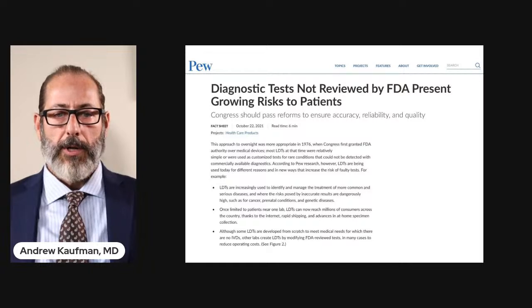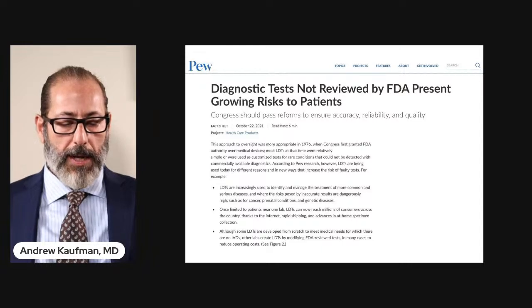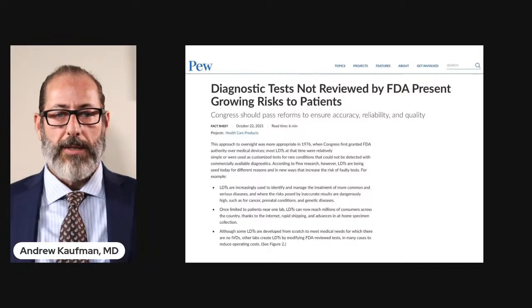So lab determined tests were much more accepted and used before there were standards for validation and error rates put forth by the FDA. But today it says lab determined tests are increasingly used to identify and manage the treatment of more common and serious diseases, and where the risks posed by inaccurate results are dangerously high, such as for cancer, prenatal conditions, and genetic diseases.